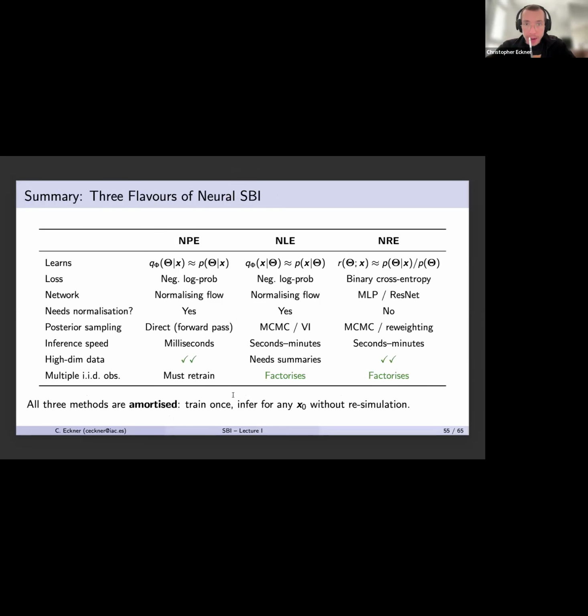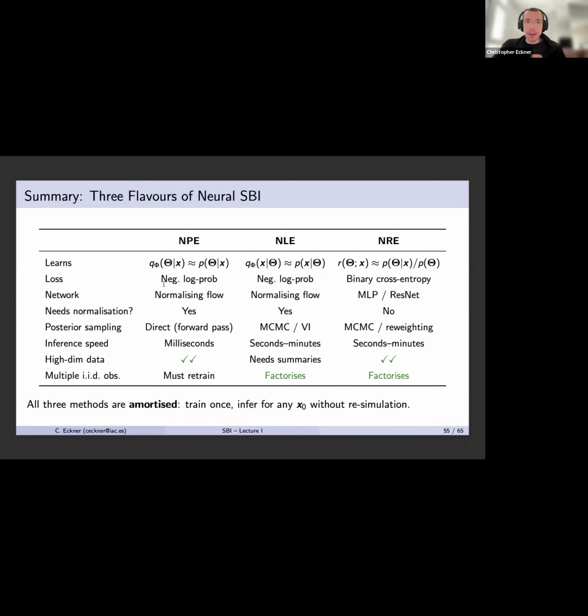Okay, so if we compare these three methods of simulation-based inference with each other, what we have is that for neural posterior estimation and neural likelihood estimation, we learn with the network the actual posterior or the actual likelihood function, while for neural ratio estimation, we learn the posterior to prior ratio, so a different object.